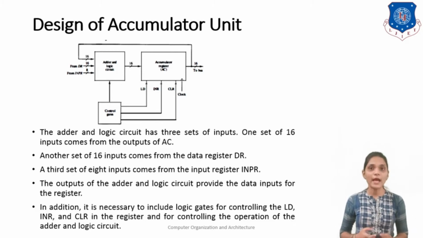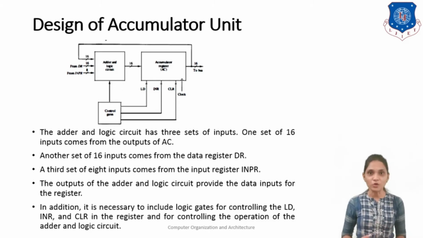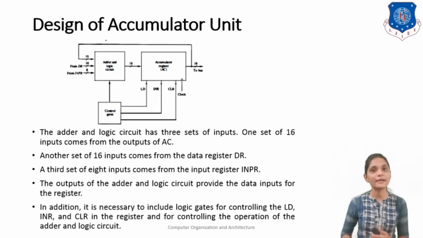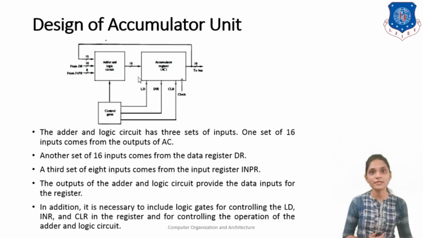Okay, so we have three inputs for this adder and logic circuit, and its output is going to be stored into the accumulator with some control, and these controls are the LD, or you can say load, INR, increment and CLR, clear. With this, we also have to provide some control for this adder and logic circuit. Here we are representing this adder and logic circuit as an operation and the accumulator for storing that operation.